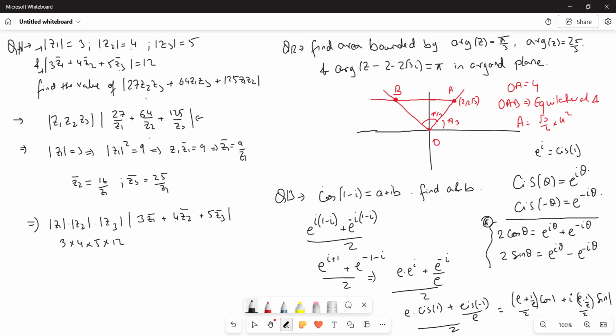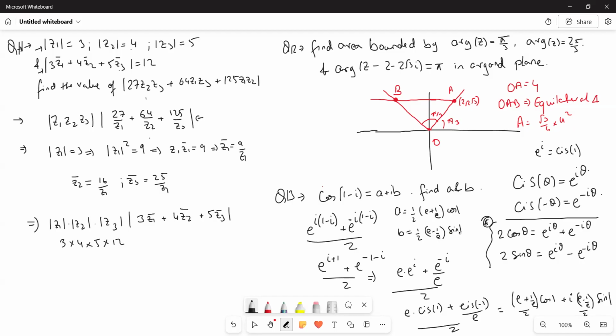Is this understandable to everyone? Now comparing the real part and the imaginary part, the value of a will be half of e plus 1 by e cos 1, and comparing the imaginary part, the value of b will be half of e minus 1 by e sin 1.